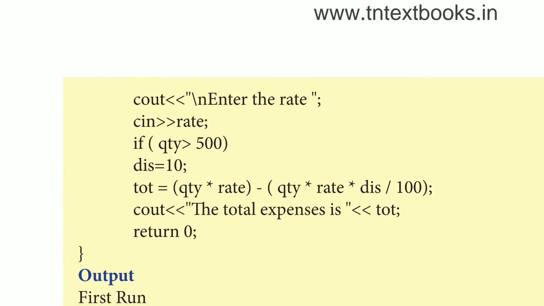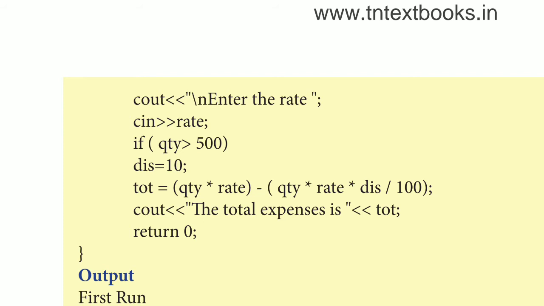Rate means the price of a unit quantity. If you are providing 10 kg, then the rate must be the amount for 1 kg. Here the user is prompted to enter the rate, so he enters the rate and it is also stored in the rate variable.